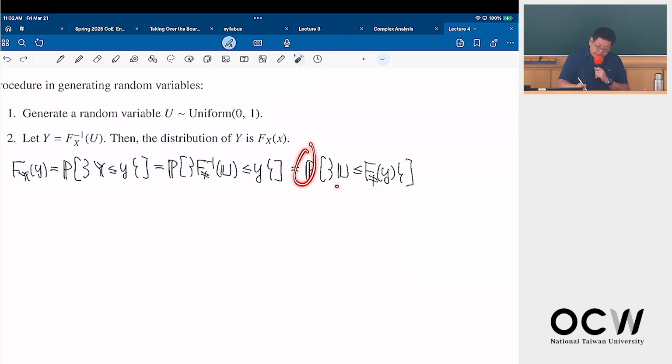Probability of a random variable less than something, that is the CDF of that random variable, which is the CDF of u at the CDF of x of y.